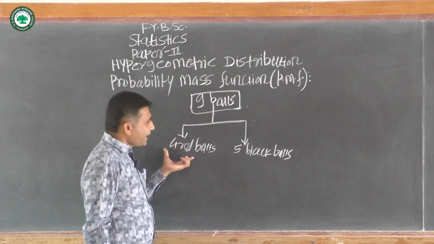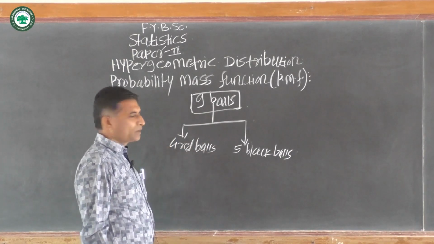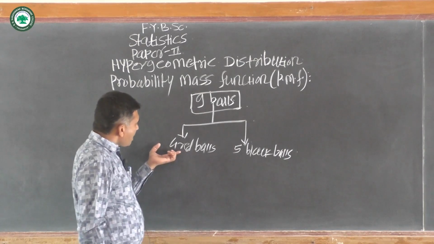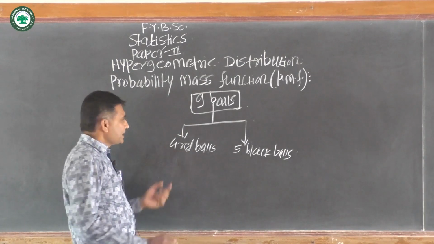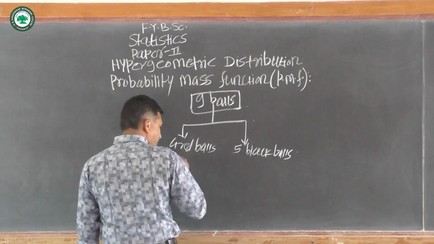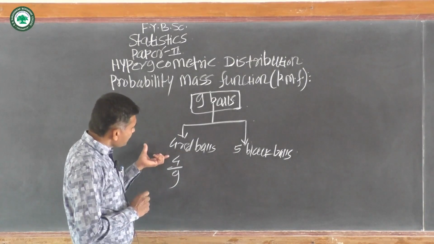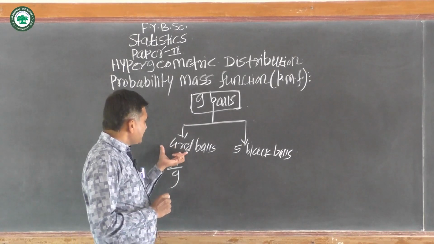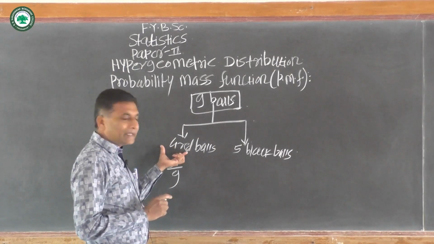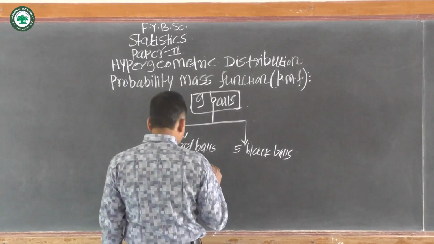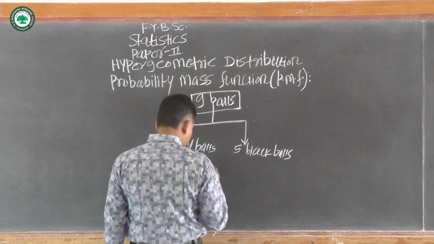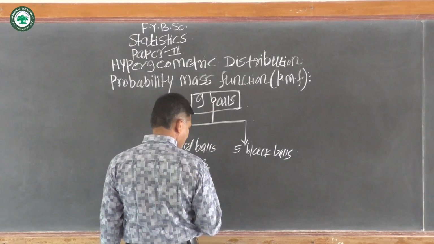Then at the first draw, the probability of getting a red ball is 4/9. Then the probability of getting a red ball at the second draw would be 3/8.